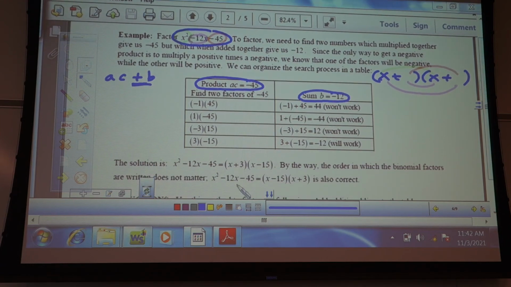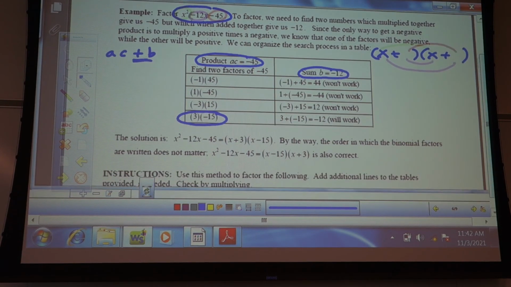So what are two numbers that multiply to negative 45 and add to negative 12? Well, the easy one is negative 1 and 45, but those do not add up to negative 12. 1 and negative 45 also doesn't add up to negative 12. Negative 3 and 15 is close, it adds up to positive 12. But finally I get to 3 and negative 15, and that does add up to negative 12. So these are my factors here.